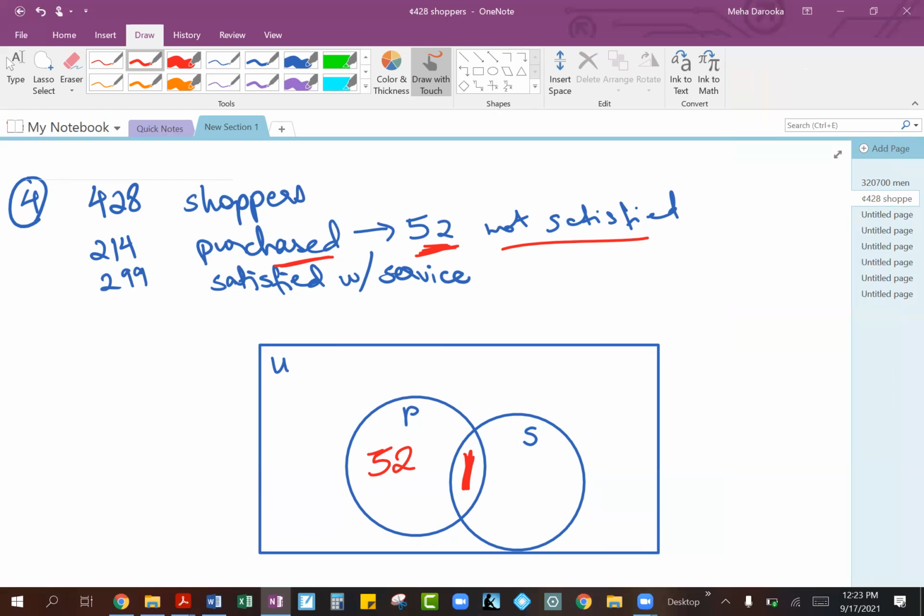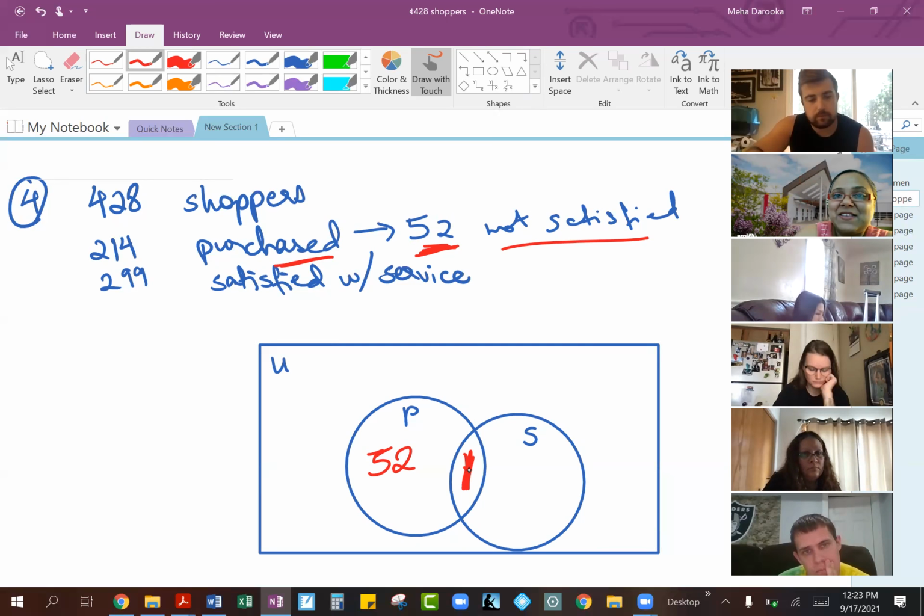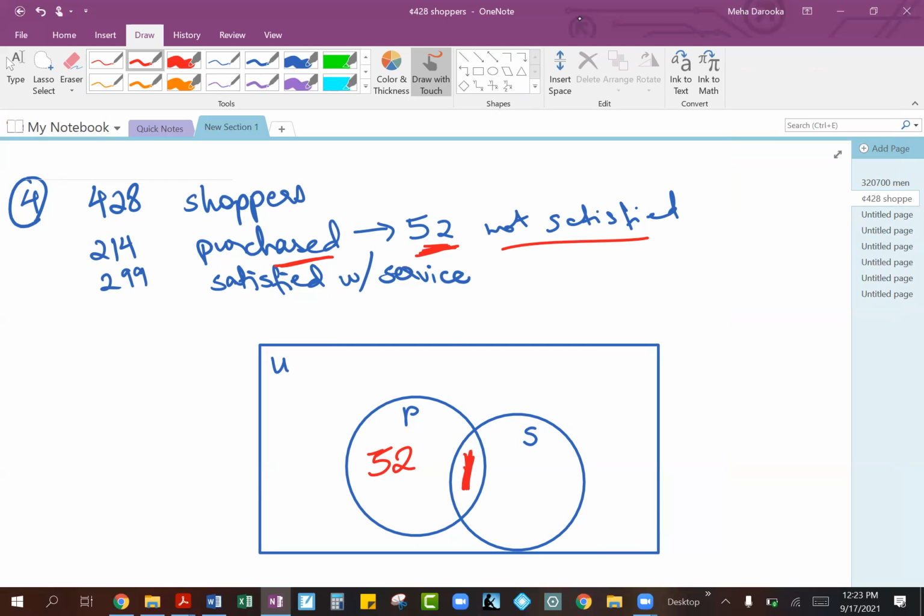So can you tell me what number should go in the overlapping area then? 214. But the 214 also includes the 52, right? Oh, it's okay. 162. Very nice. So the overlapping area here, guys, is actually going to be the 214 minus the 52.